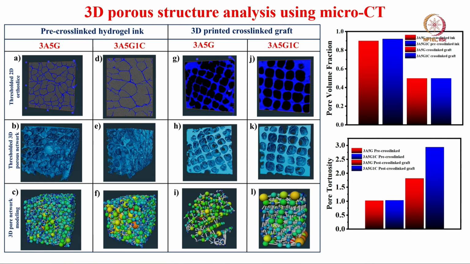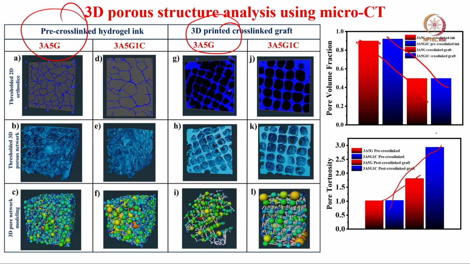Now, if you look at the micro CT based analysis of this kind of scaffolds, this is a pre cross linked and this is a 3D printed cross linked scaffold, and you can clearly see that pore volume fraction decreases for both 3A5G and 3A5G 1C scaffold, whereas pore tortuosity also increases.